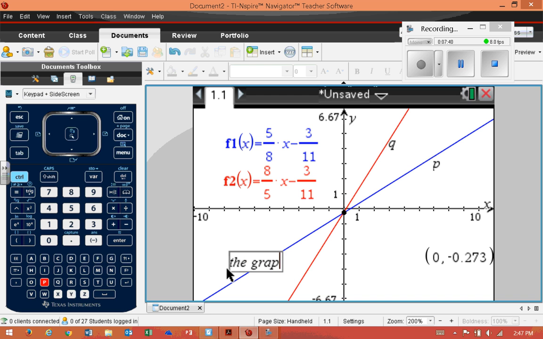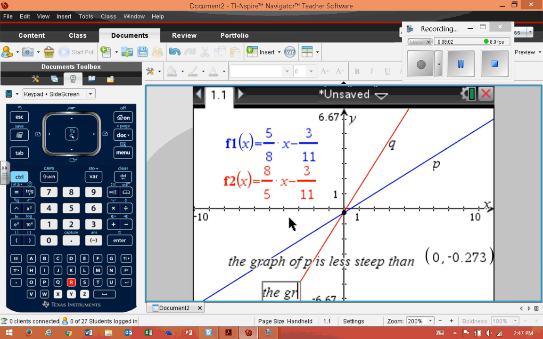graph of P is less steep than the graph of Q. That's what we know for sure. And it looks like I need another text.